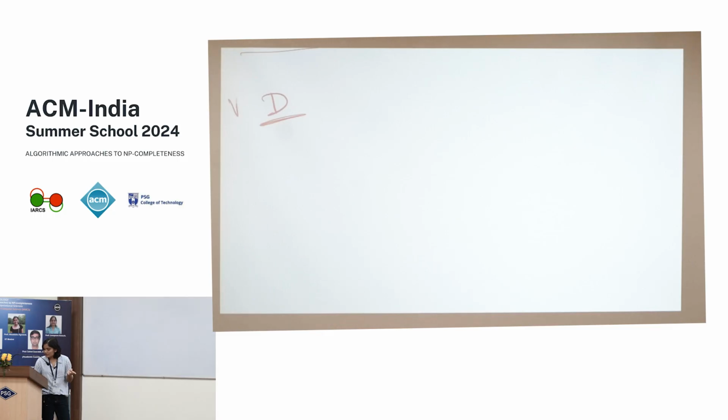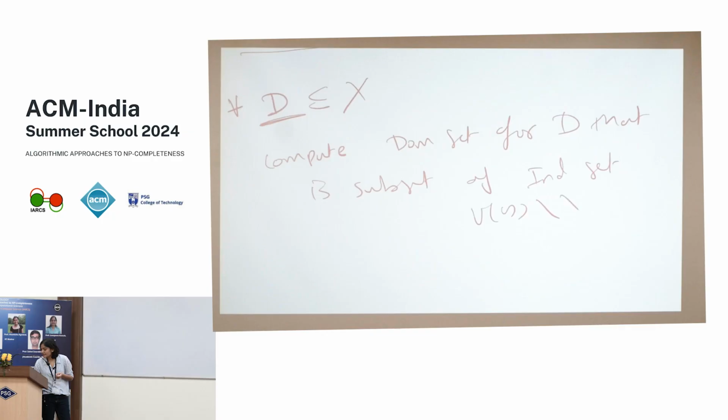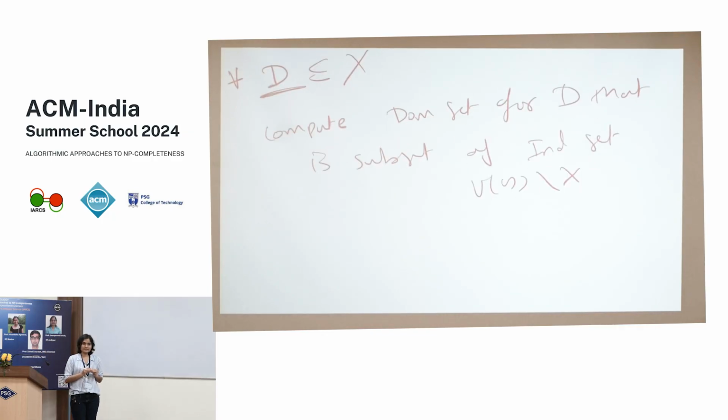So for all subsets D of X, compute the dominating set for D, that is a subset of independent set, which is V of G minus X. Can we compute this?